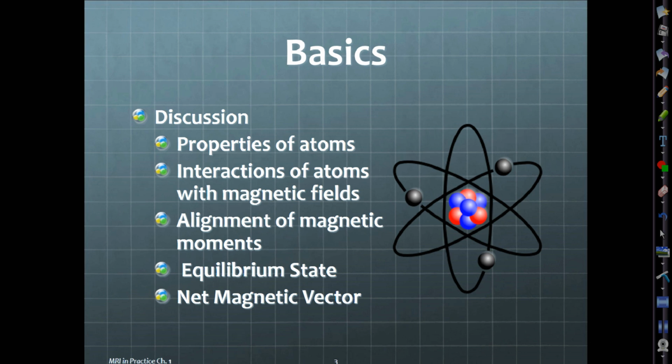If you have any questions, B sub 0 is the static, stationary magnetic field. We're going to be talking about alignment of magnetic moments, or those vectors in our body, the equilibrium state, and then finally the net magnetic vector, whose acronym is NMV. You'll see NMV a lot, and it stands for net magnetic vector.